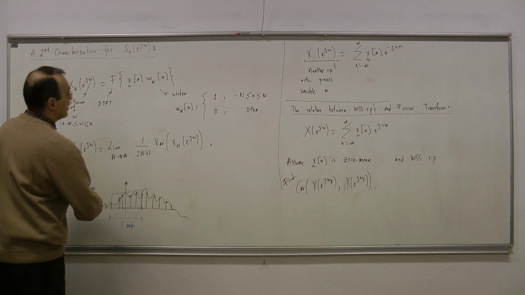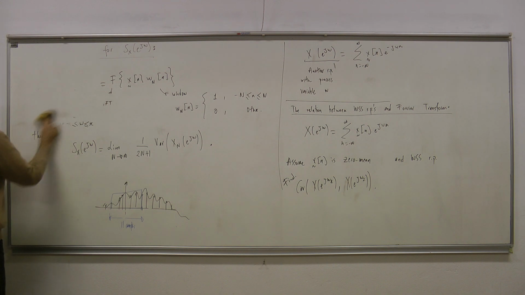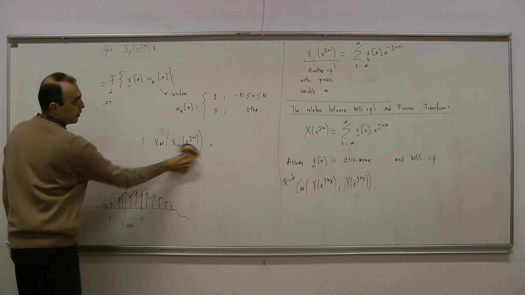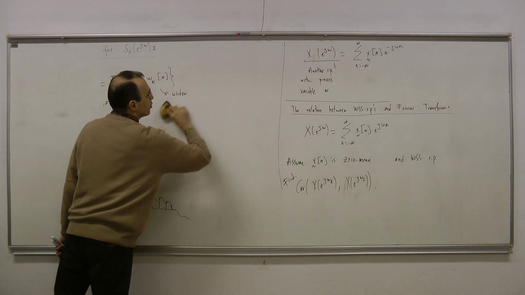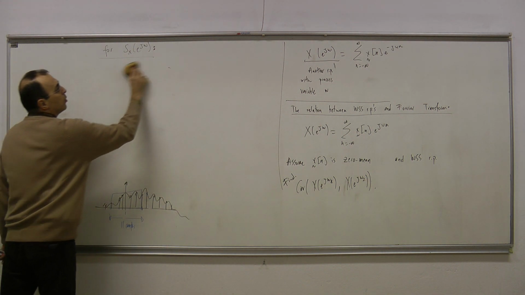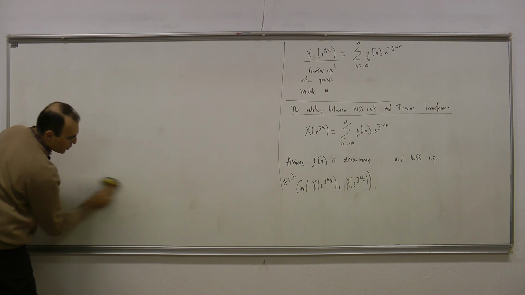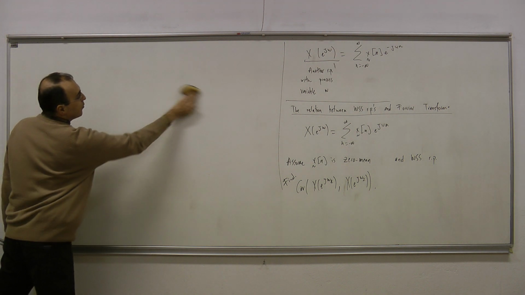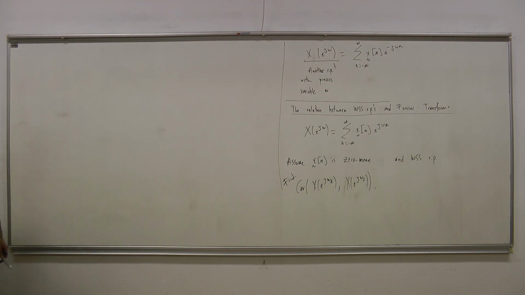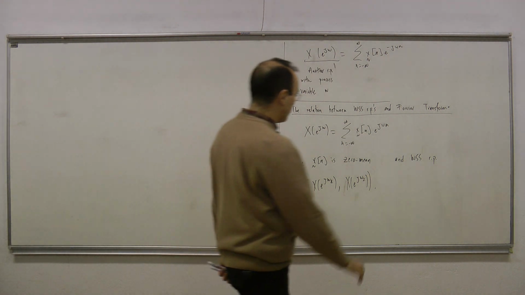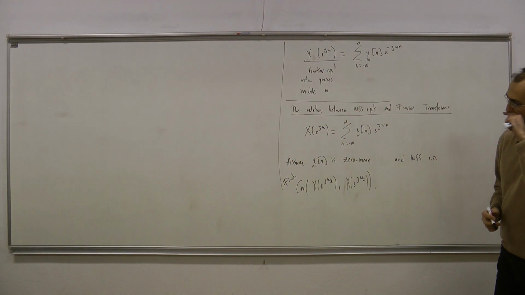Actually, the end result is interesting. You will see that the Fourier transform is decorrelating every wide-sense stationary process. So it's like a decorrelating transform. This is the reason that there is a large interplay between Fourier transforms, autocorrelations, power spectral densities, etc. So let me explain this.